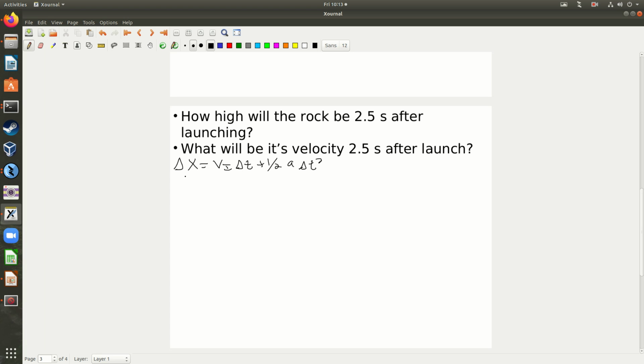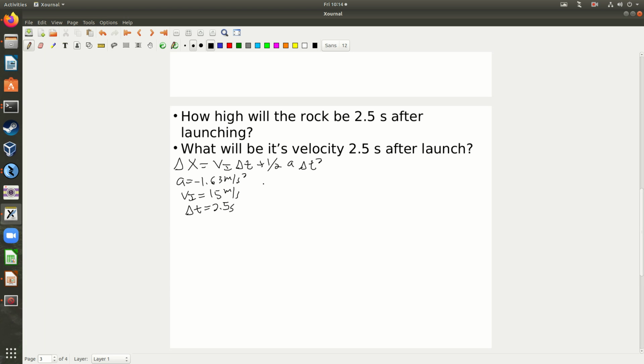From last time, we know that the acceleration is a negative 1.63 meters a second squared. And we also know our initial velocity, it's carrying over at 15. And this time we know time, 2.5 seconds. So I actually have enough information to plug it in right here.